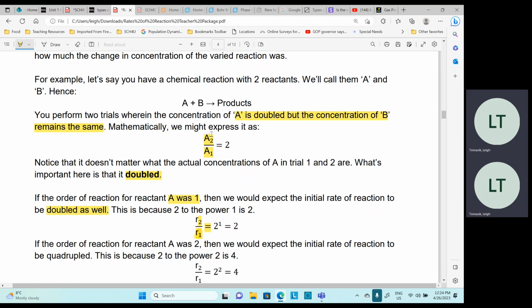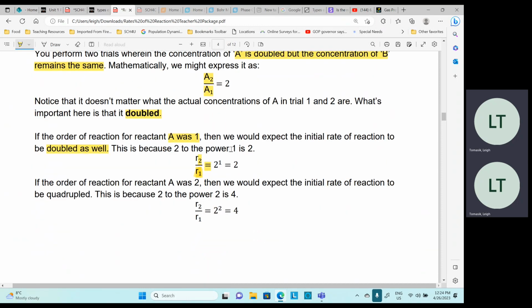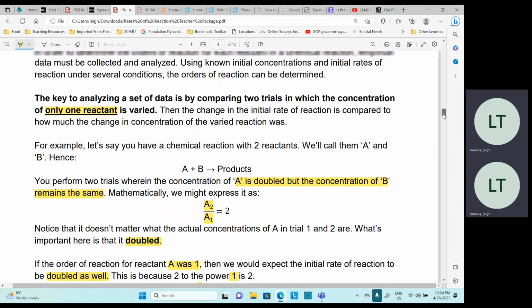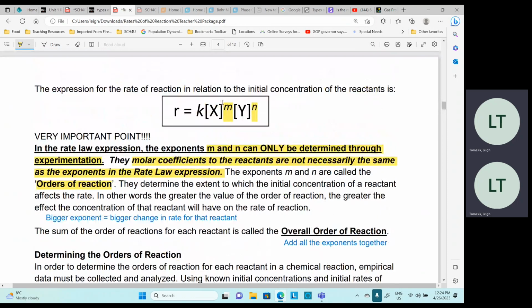As the concentration of A doubles, the rate of the reaction doubles. That means it has a first degree power, so we would take 2 to the 1, and add this exponent to the rate law for A. We would put 1 as the exponent.